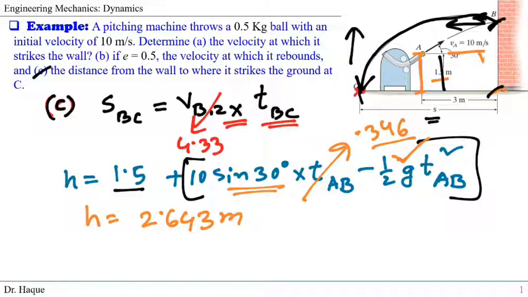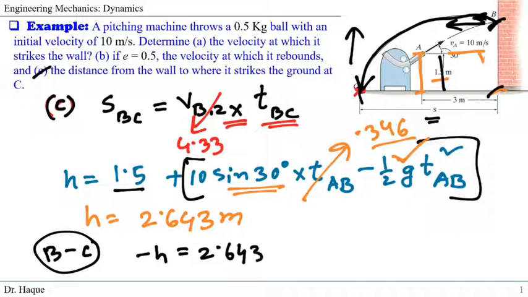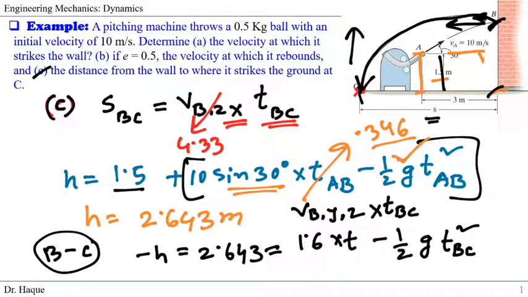So if we use that concept again here, for B to C, since it's going down, we can say the height is negative 2.643, which equals the equation from chapter 12 for curvilinear motion, which is ut plus half at squared. So u, the initial velocity, was upward 1.6. Let me write it down clearly. So yes, the negative is negative 2.643.